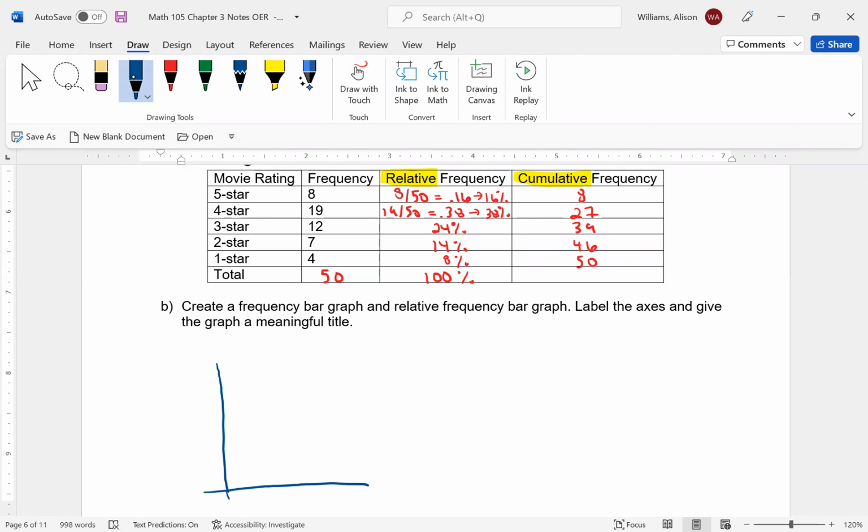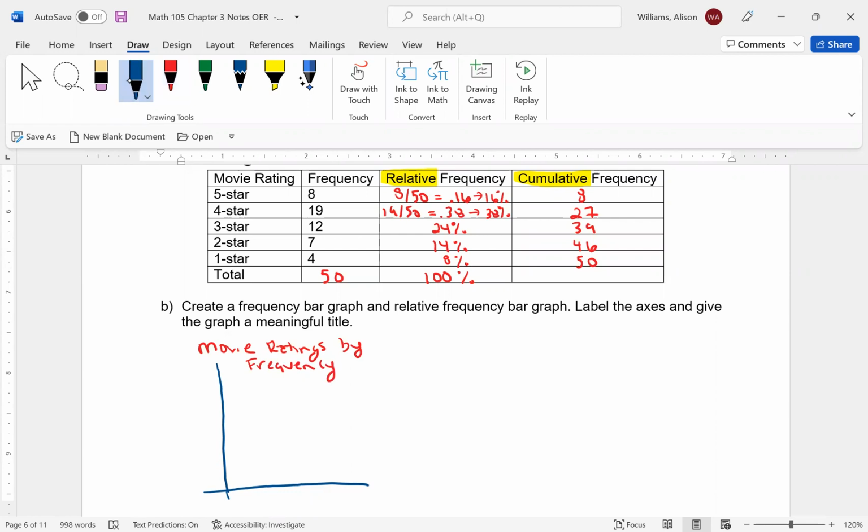So I'm going to title this movie star ratings, or just movie ratings by frequency, because we are looking at how frequently they appear.